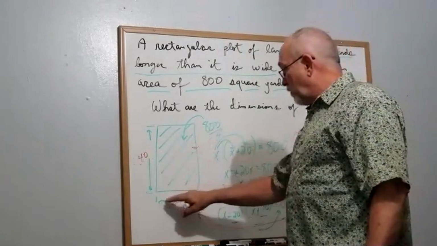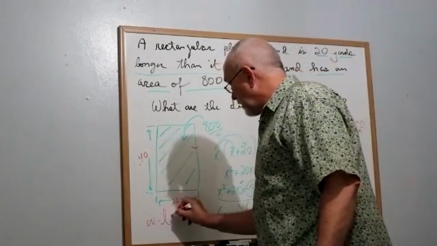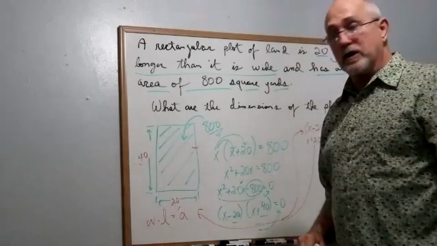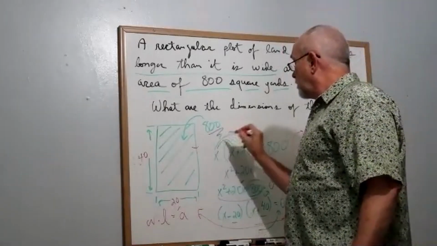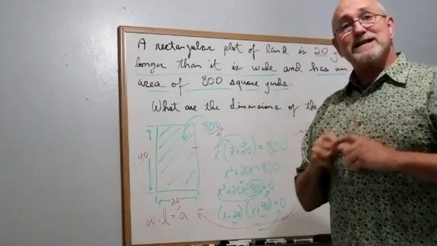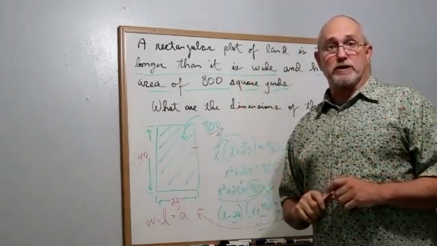Well, we know width times length equals area. 20 times 40 equals 800. Done. So we've solved the problem. This is the earliest example that we know of the use of a quadratic equation.